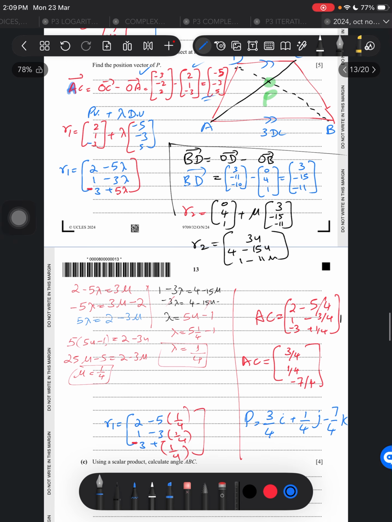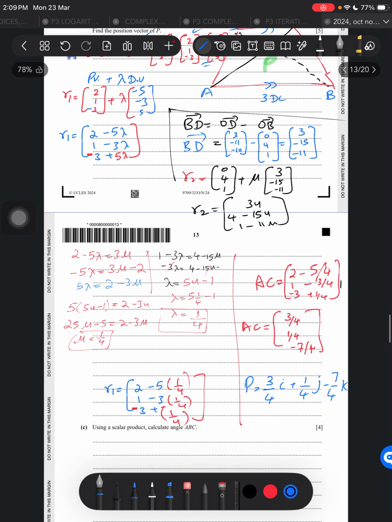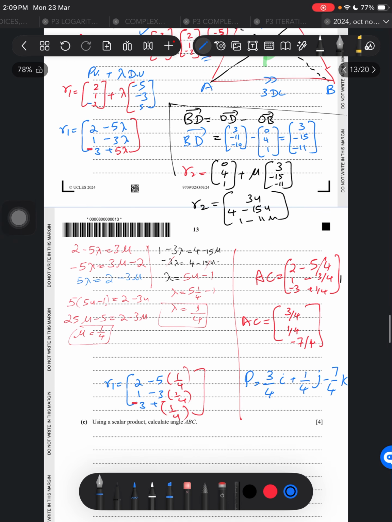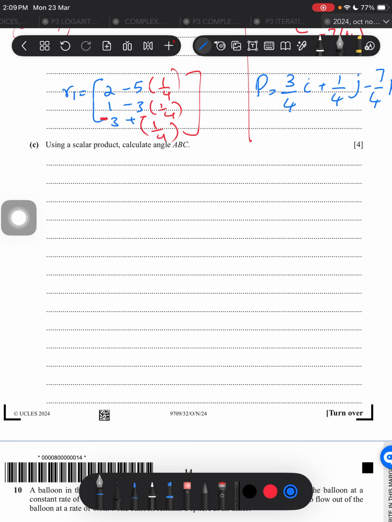This was a lengthy question. Part B was a lengthy one. The last part is C, and C can be given as the scalar product of vectors.